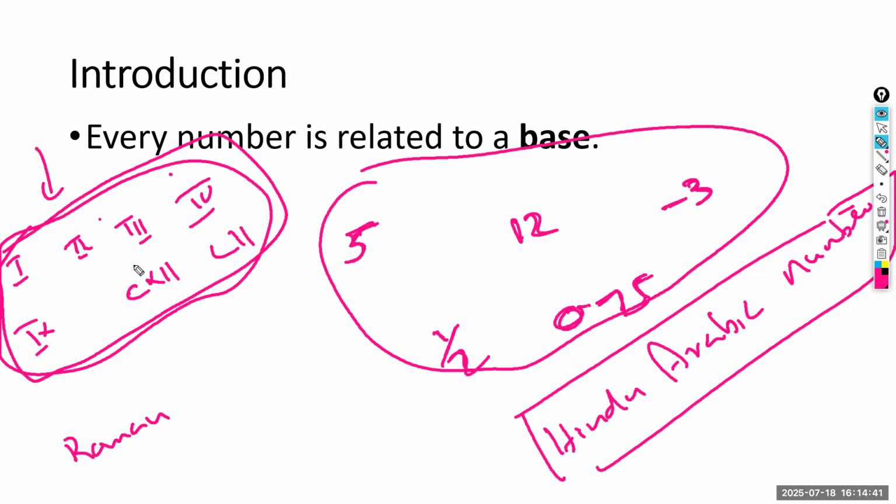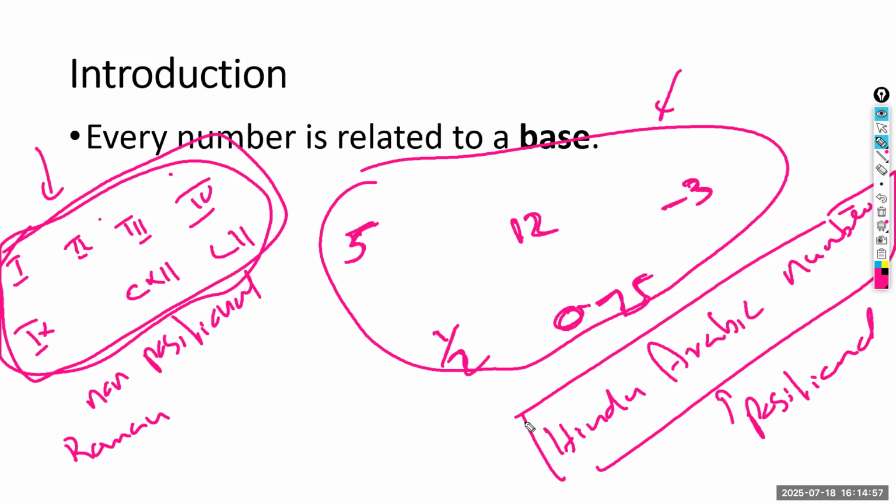These numbers, like Roman and Greek, were not positional, they were non-positional numbers. But Hindu Arabic numbers are positional. This number system is very smart compared to the Greek and Roman number systems.